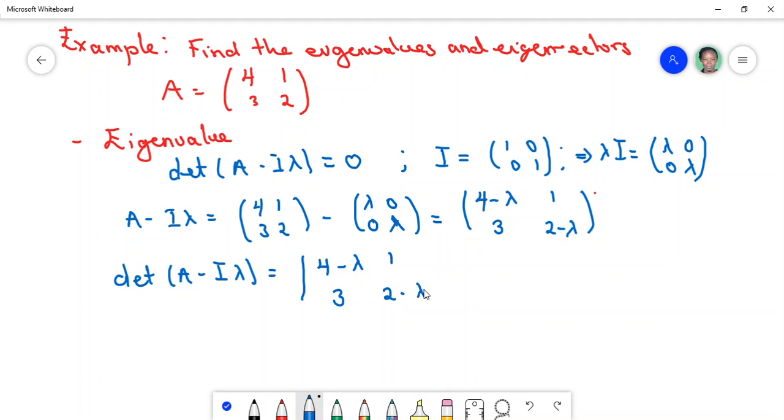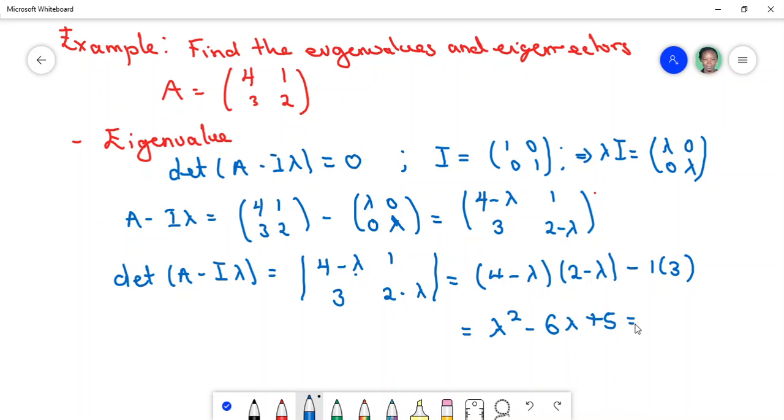So let's find the determinant. I have 4 minus lambda times 2 minus lambda, minus 1 times 3. If you simplify, you have lambda squared minus 6 lambda plus 5 equal to 0. And this is going to give us lambda minus 1, lambda minus 5 equal to 0.